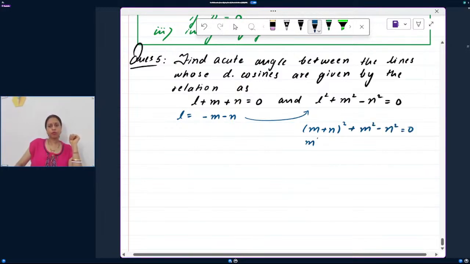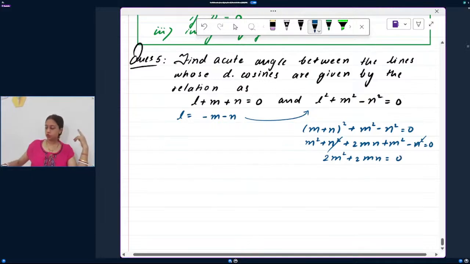So m square plus n square plus 2mn plus m square minus n square is equal to 0. This and this cancel. 2m square plus 2mn is equal to 0.